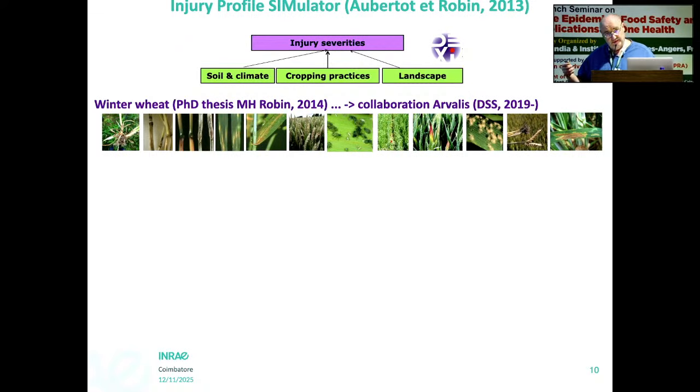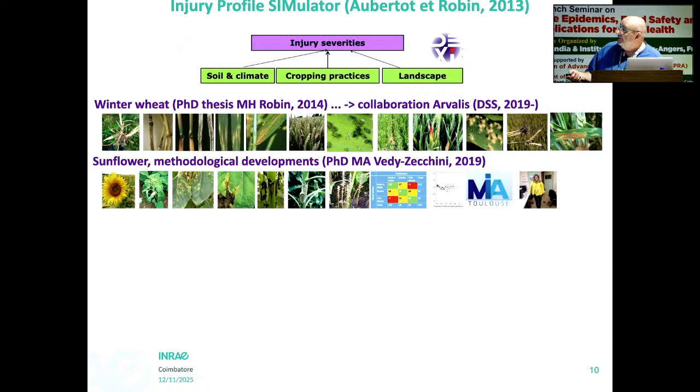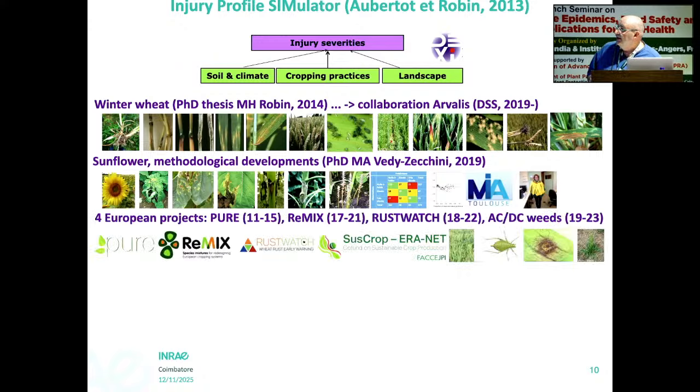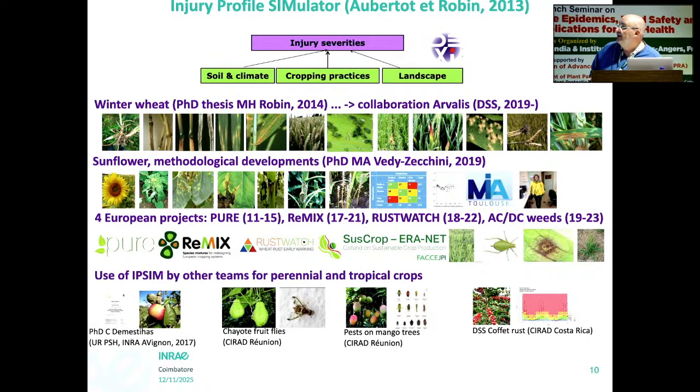We applied that to wheat production. You can see here 13 pictures, which represent 13 pests on wheat. But after we did another PhD on sunflower, we progressed more on the modeling methodology. It was used in 4 European projects, which are listed there, and we applied it to rust on wheat and even to intercropping.